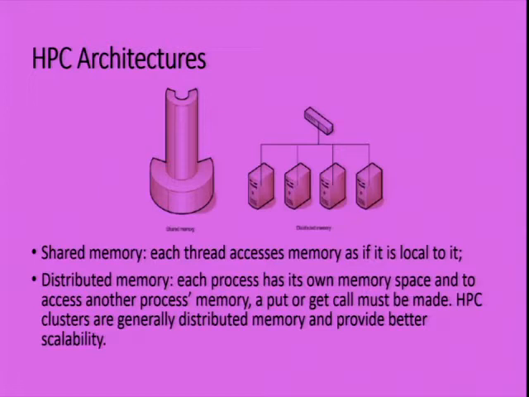For a process to access another process's memory space, it has to do specific put and get calls. So it has to do something very specific to access another process's memory. HPC clusters are generally distributed memory, firstly because they're cheap, and they also scale a lot better than shared memory supercomputers. And the cluster that we have at Queen Mary is a distributed memory cluster.